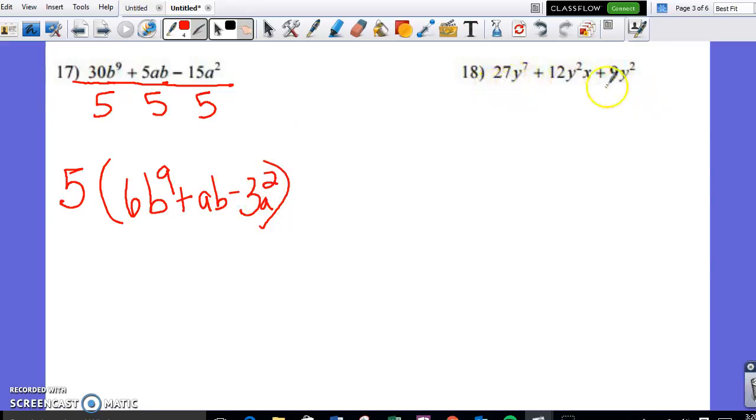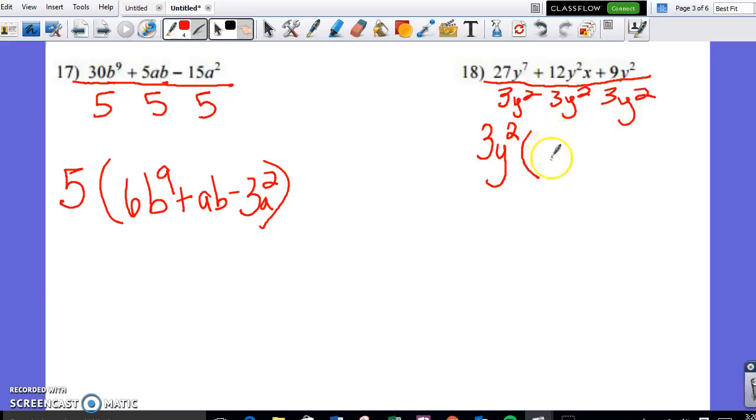Okay, here, what are we going to do? We're going to look for a GCF. Well, this one has 3y, and they all have y squared in them. So you're going to divide everything by 3y squared. I like to write this underneath here because it helps me to mentally say, oh, that's what I can divide.